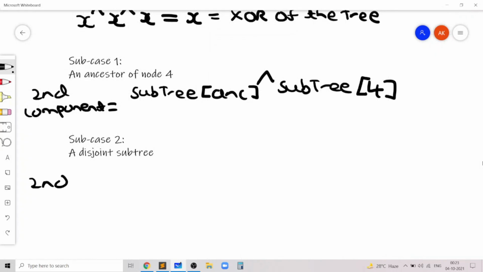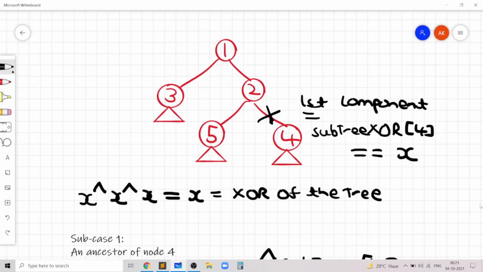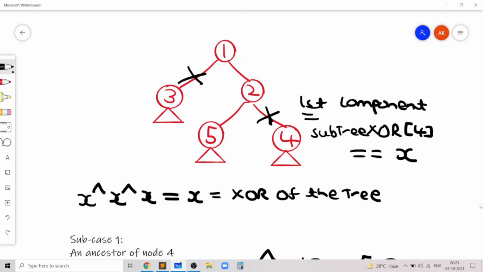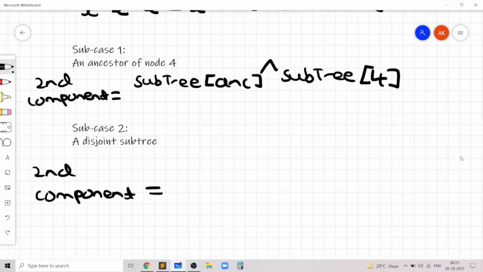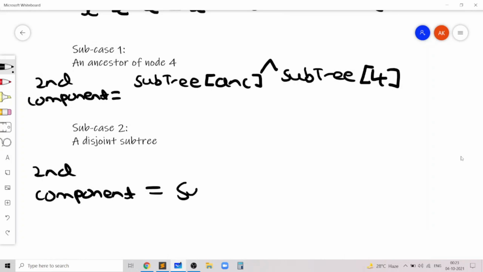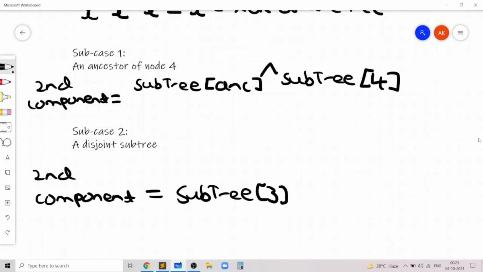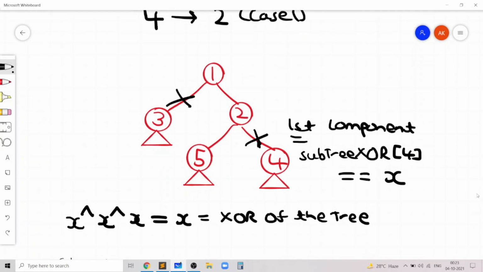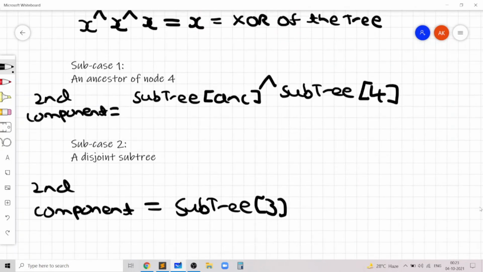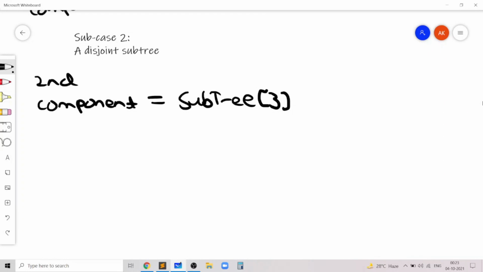The second subcase is when we have a disjoint subtree. So let's say that the disjoint subtree had an edge from 1 to 3. Then the XOR for that disjoint subtree will just be subtree XOR of 3. So like in this example. So this means that there are 2 possibilities.